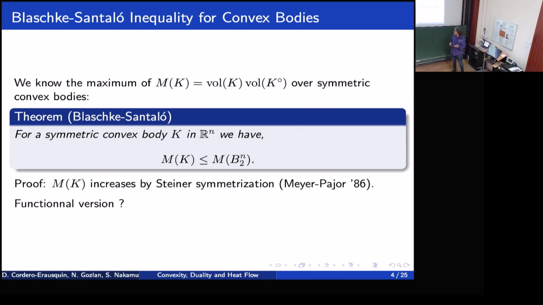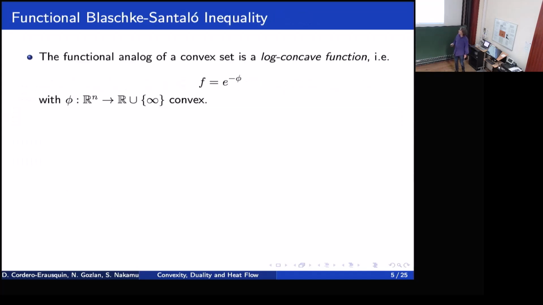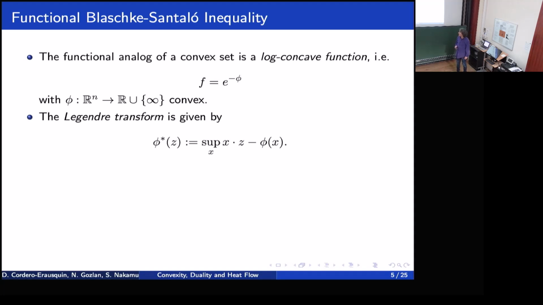So we're interested in what could be a functional version of this result. And I think we already saw that the functional analog of convex bodies are log-concave functions. So log-concave means exponential of minus phi with phi convex. So in this context, what plays the role of the polar is the Legendre transform of your convex function phi, which I define here as the supremum over all x of x dot z minus phi of x.